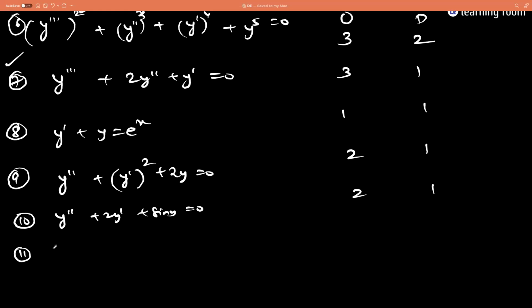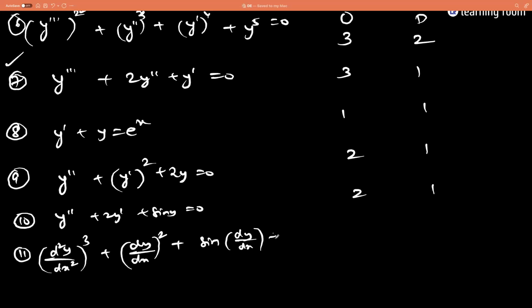11th. D square y by dx square the whole cube plus dy by dx the whole square plus sin of dy by dx plus 1 is equal to 0. Order. Degree. 12th.